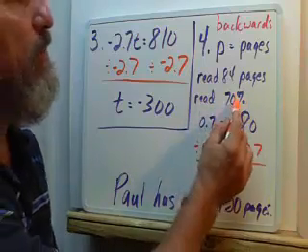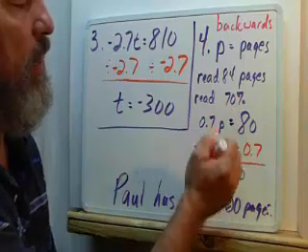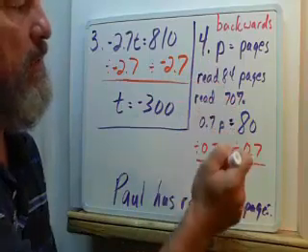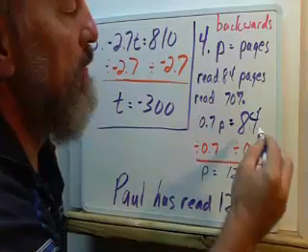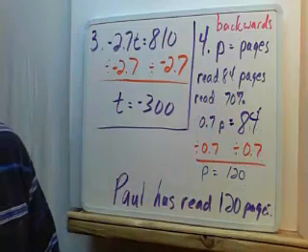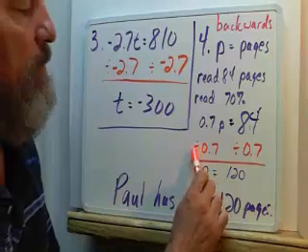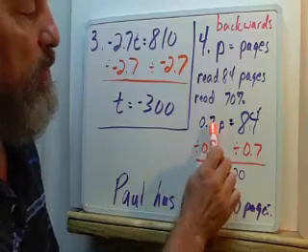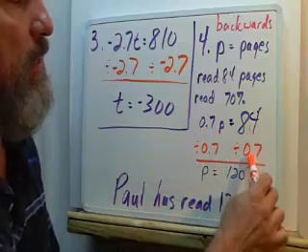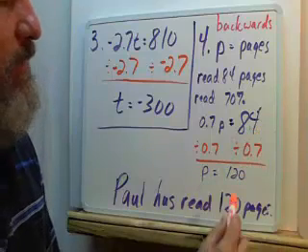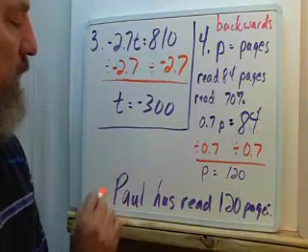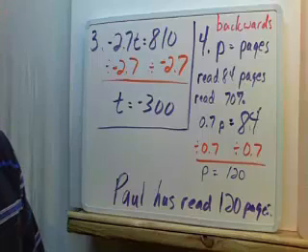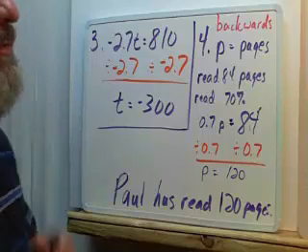So 70% or 0.7 of the pages, p, equals 84. So we take both sides and divide by 0.7. Undo this by dividing by 0.7, and 84 divided by 0.7 gives you 120. So your answer is going to be that Paul has read 120 pages.